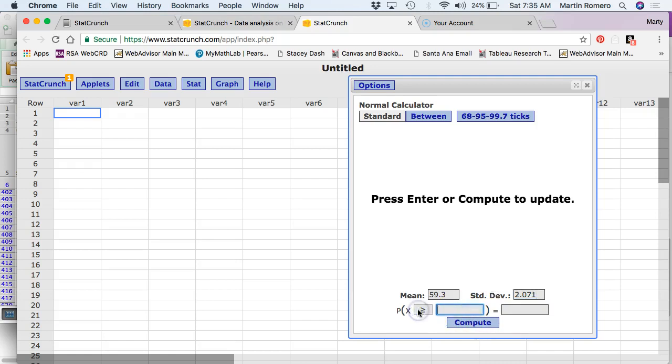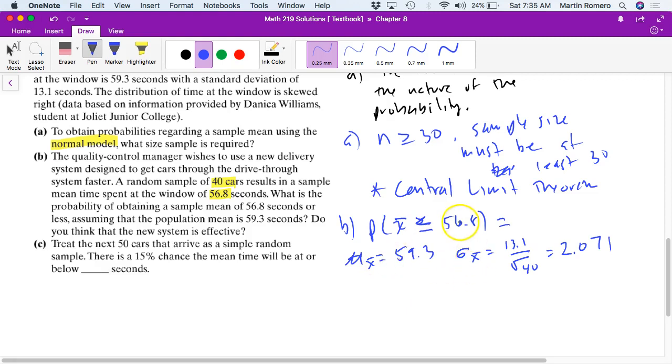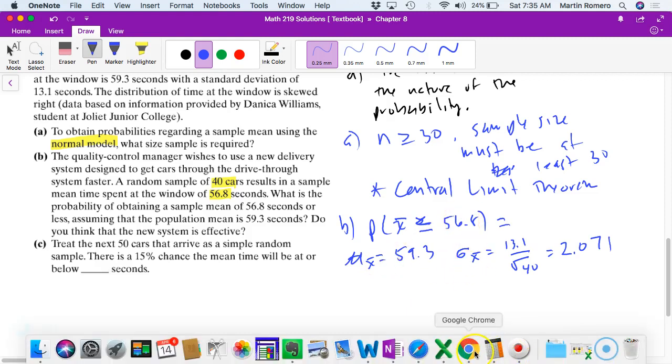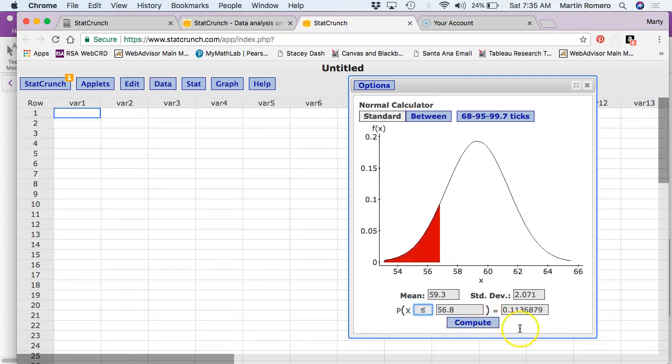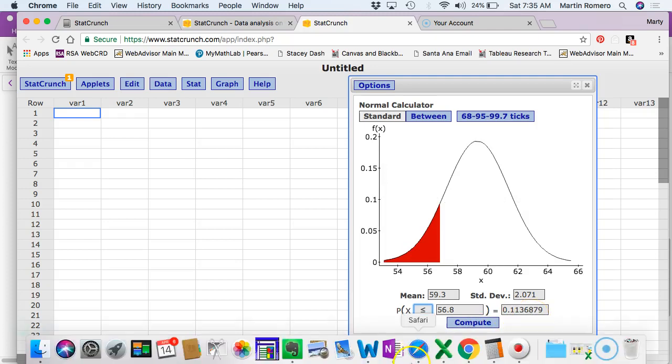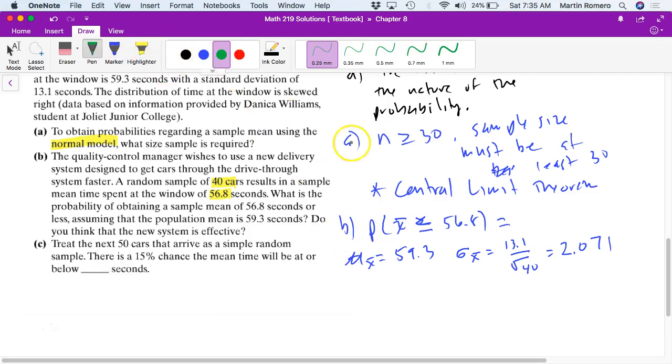We're checking to see what the probability is that we would get a mean time of less than or equal to 56.8, and so you get 0.1137. So that's the answer for this one here, 0.1137, or about an 11% chance that you would get this value.